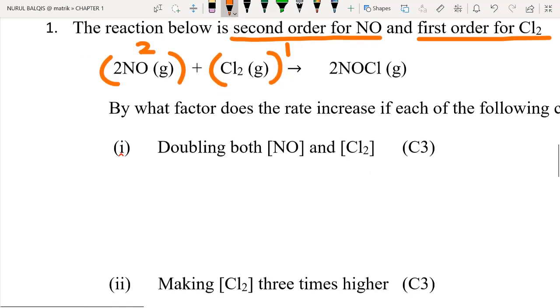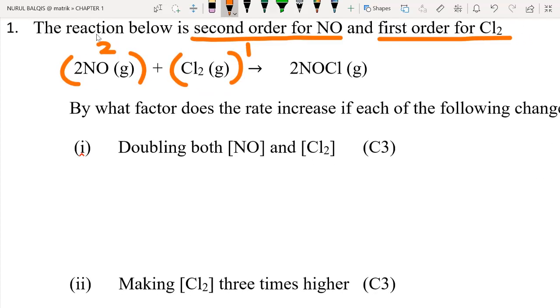Alright, by what factor? By what factor here means the multiplier of this reaction, so basically this factor is located at the rate constant.